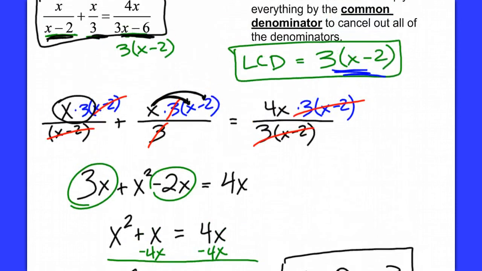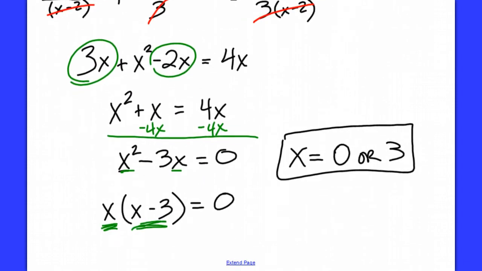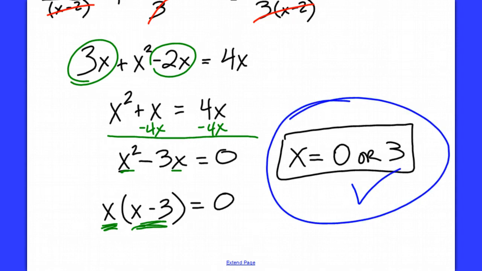We're testing out positive 3. So we plug 3 in here, that'd be 3 minus 2 is 1. Of course, that's not going to change that. And then we plug 3 in here, that would give us a value of 3 as well. So we don't have any issues with either of those answers, so they're both good. And we can now say that our answers are 0 or 3.